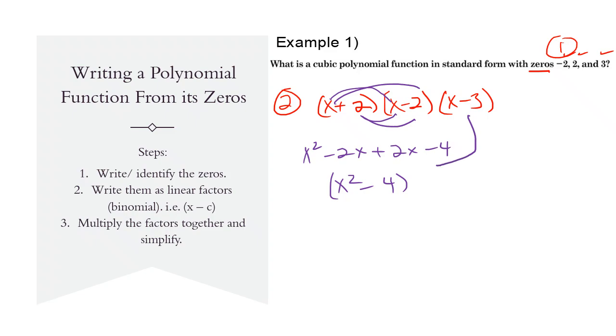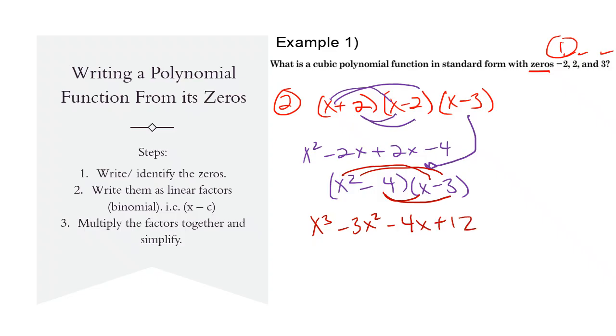I'm going to bring down the factor that I did not use, which was x minus 3, and distribute again. X squared times x is x to the 3. X squared times -3 is -3x squared. -4 times x is -4x. And -4 times -3 is +12.